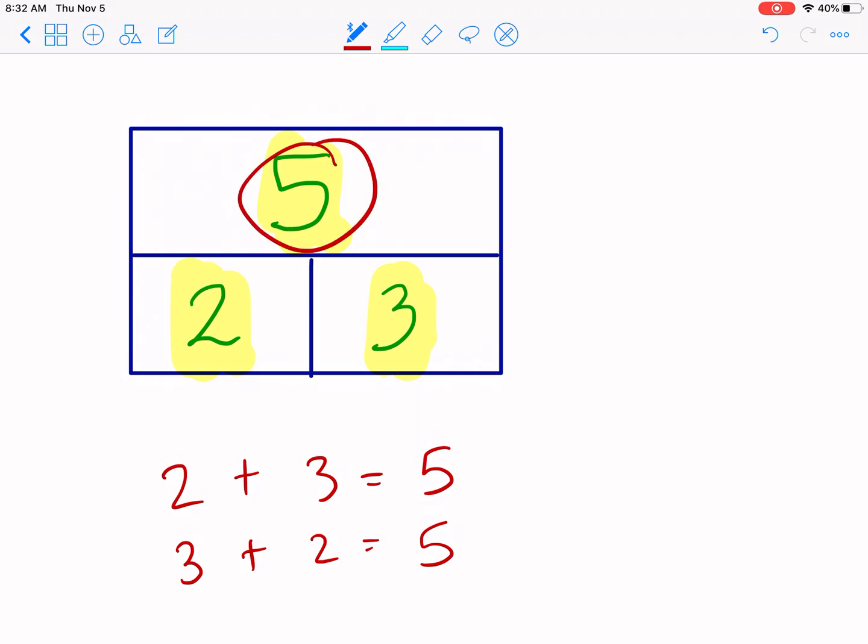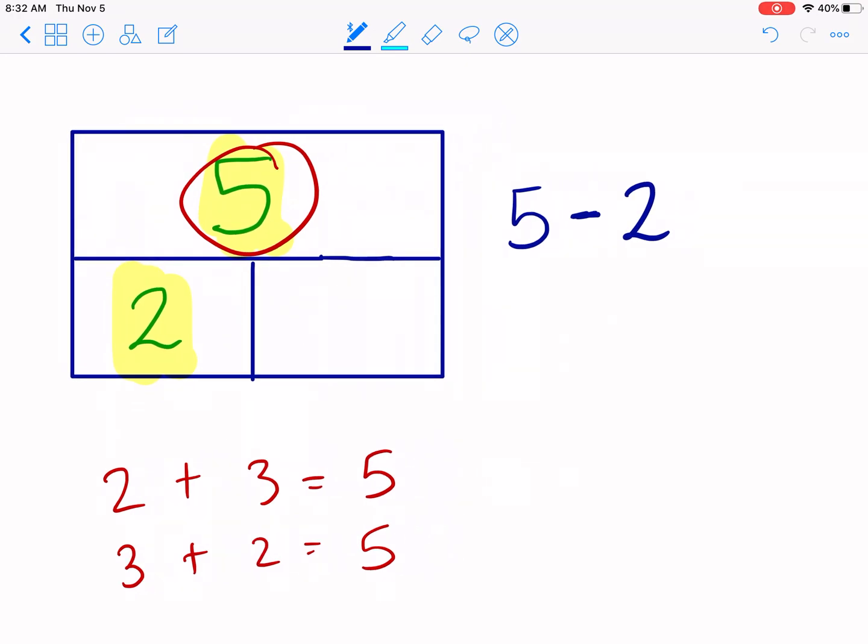If we had a whole, and let's say this 3 was gone, we would have, well, our whole is 5, and we have a 2. 5 minus 2 equals 3, but if we wrote that as an addition sentence, we would say, well, 2 plus something equals 5, and we can count up. If we have 2 in our head, we know we need to count to 5. We go 3, 4, 5.